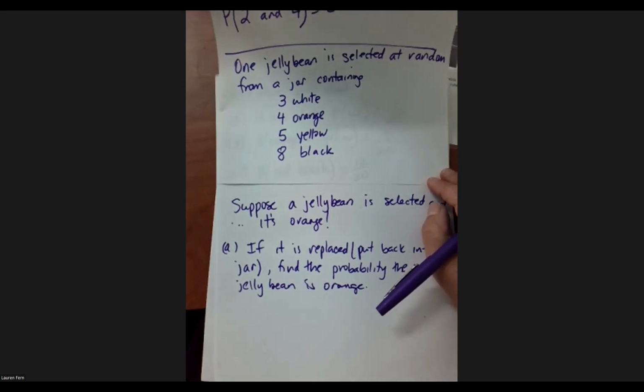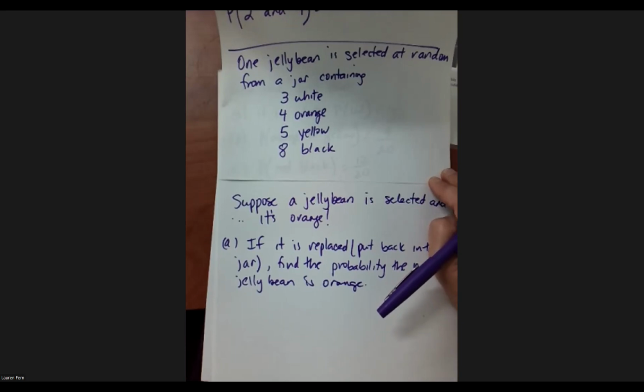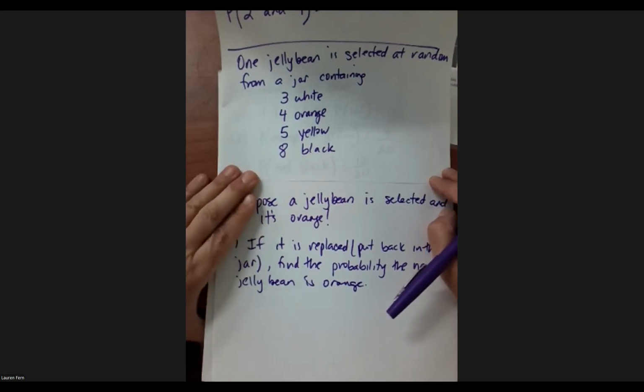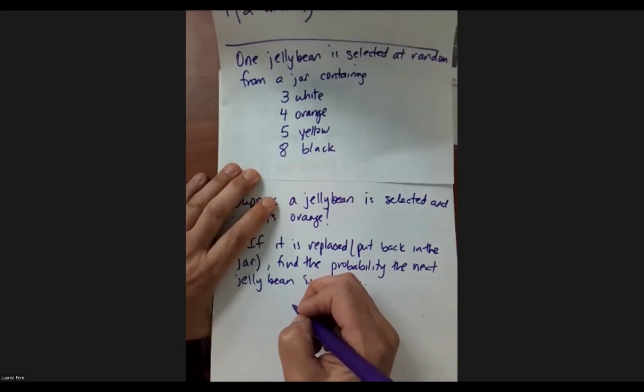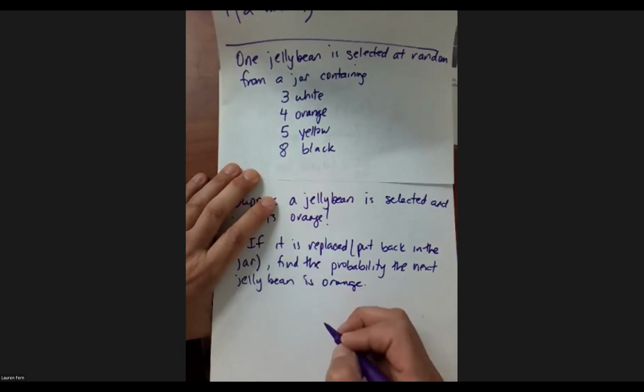I had a jar of jelly beans. I picked a jelly bean. I looked at it. I'm like, oh boy, this is an orange jelly bean. I put the jelly bean back, and then I go and I pick a jelly bean out of the jar. What's the probability that that next jelly bean is orange? I heard someone say it. Same, right?